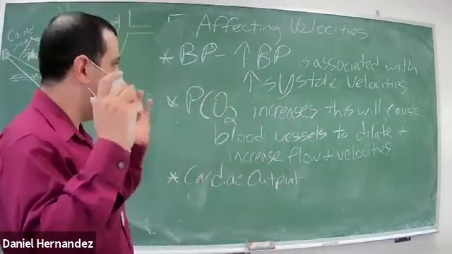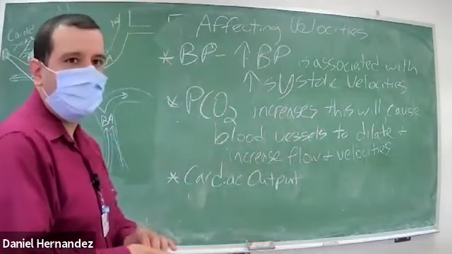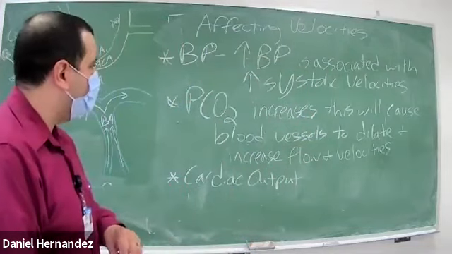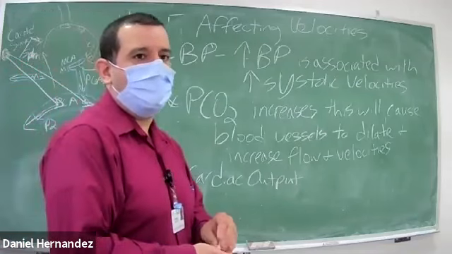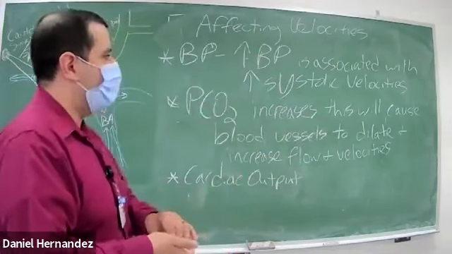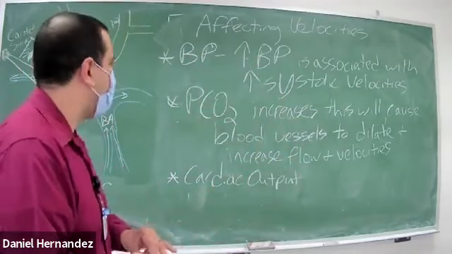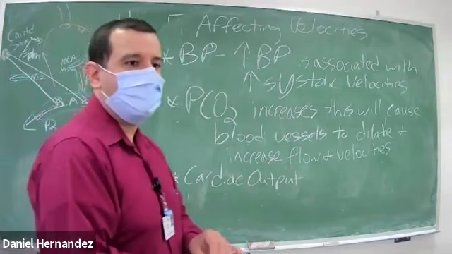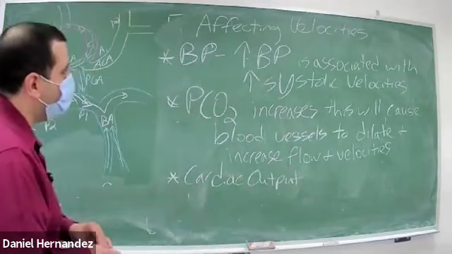So you're going to have increased blood flow volume getting to the cerebral vessels, which will cause an increase in velocities because you now have more blood flow trying to get through those vessels. That's the explanation for increasing CO2 levels. But no, that's a good question.